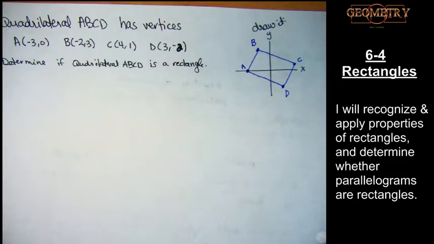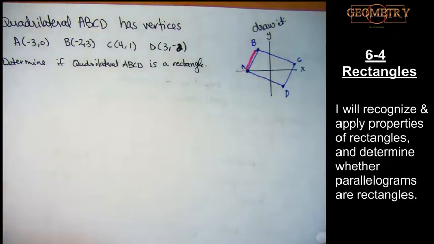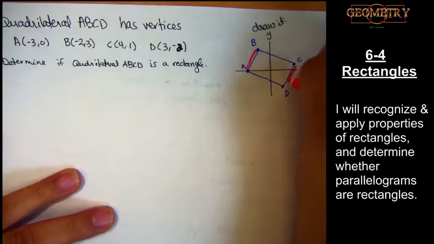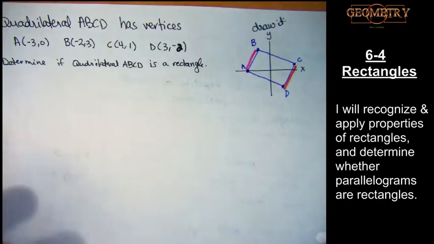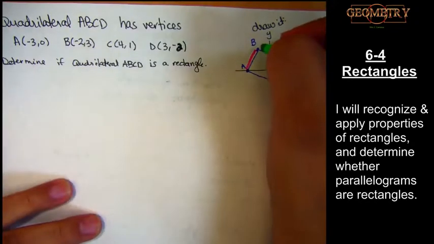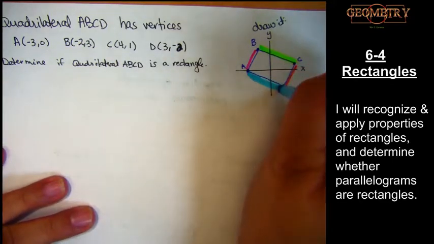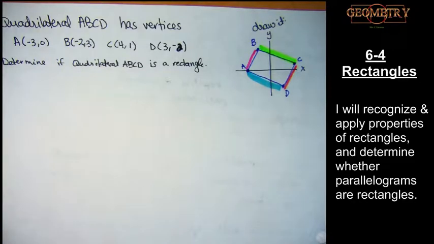But do label your points so that you know which point is where. This allows us a really good view of which sides are opposite which other sides. Because with this information, we can start looking at the characteristics of a rectangle.